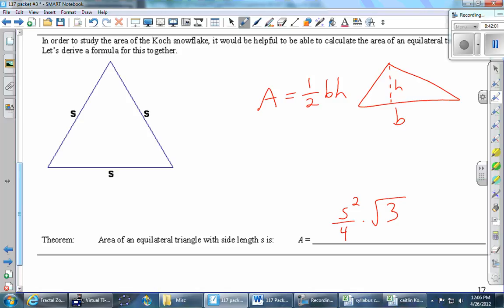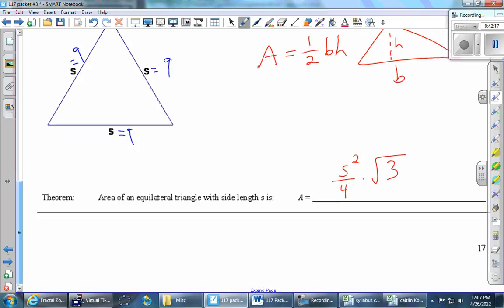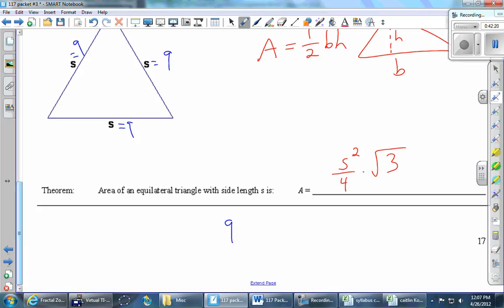So suppose for a second that my triangle has 9s all the way around. I want to find the area of that triangle. So we use this formula here in red. Instead of S, what do we put? Put 9. So that becomes 9 squared, divide by 4, times square root of 3.